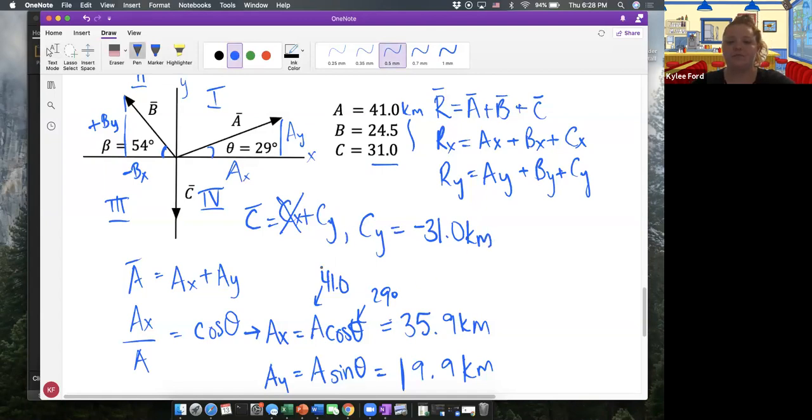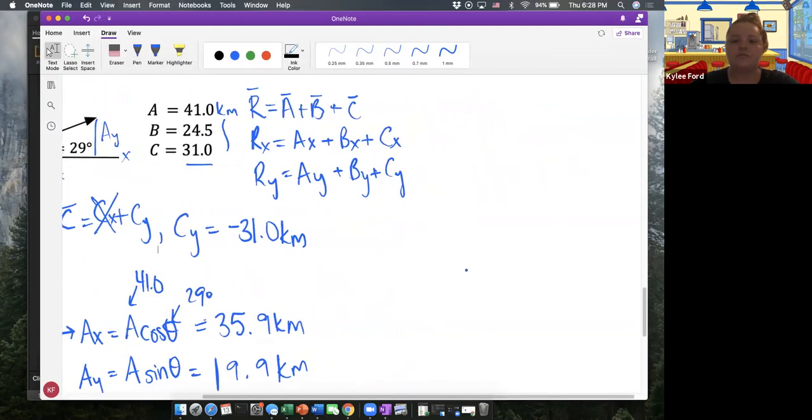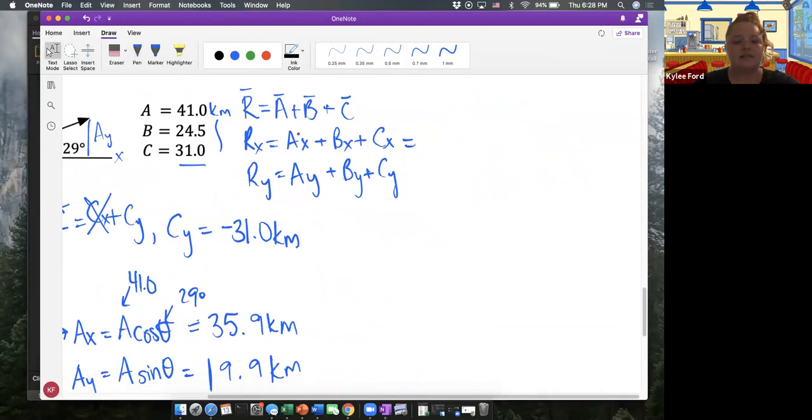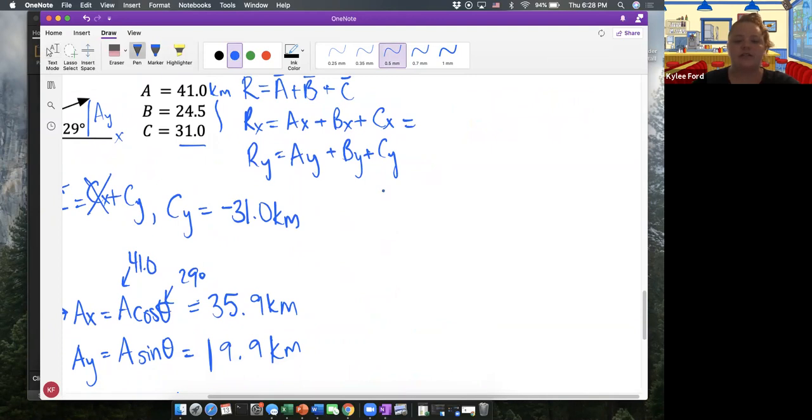Okay. All right, so now we have solved for everything that we need to build our resultant vector. Okay, so I'm gonna scooch over here and start putting in my numbers. So we have ax, which we solved for here as 35.9 kilometers.